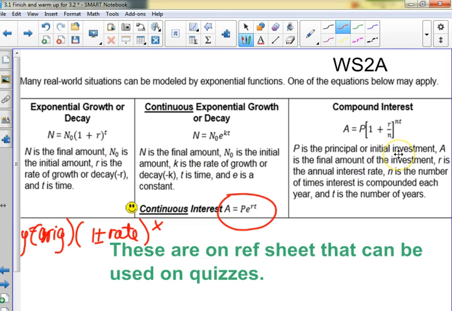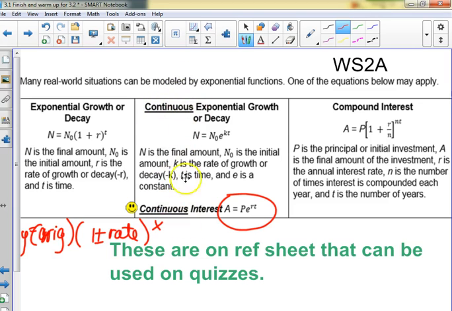This is what's on your little yellow sheet. Everybody has this little strip of application formulas, okay? You can use that on the quiz. You have to set up, but you do not have to solve applications on Thursday's quiz. Does that make sense? It's no calculator. So the big thing, do you notice this word is underlined here?